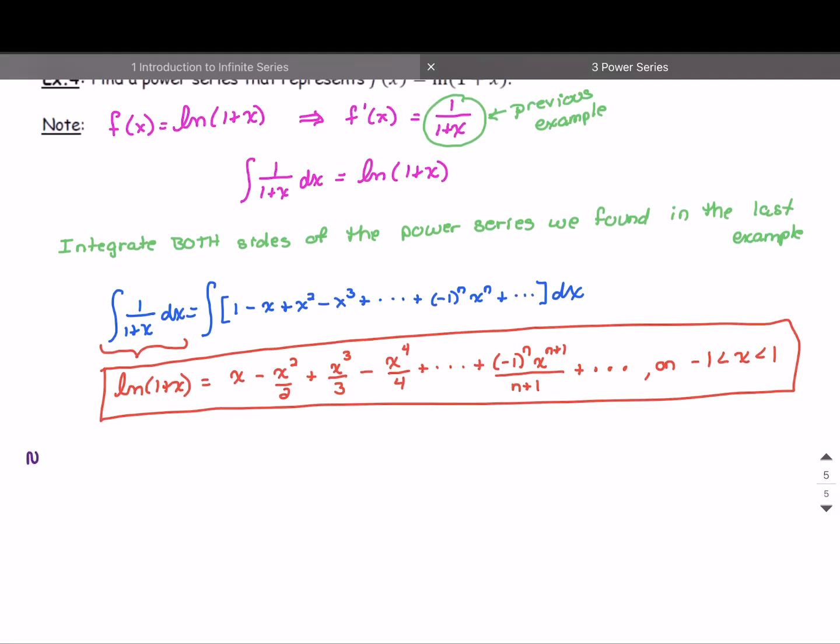I want to consider, let's let x be negative 0.5, okay?